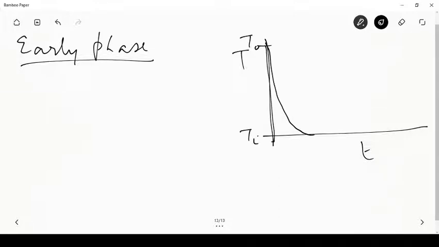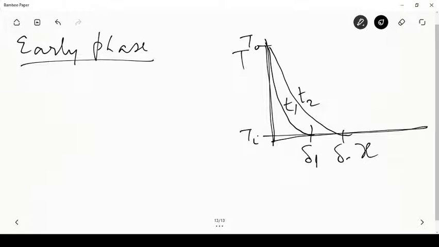This is temperature versus x, I'm sorry about that. Initially, only at x equal to 0 the temperature is T0, elsewhere the temperature is Ti. And after a certain time, a certain depth, so let us say this is delta 1 at time T1, the skin layer thickness, and with progress in time, let us say at time T2 it goes to delta 2, and at time T3 it goes to delta 3, and so on.